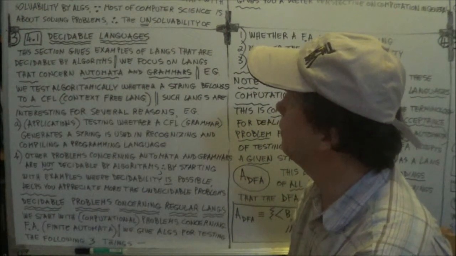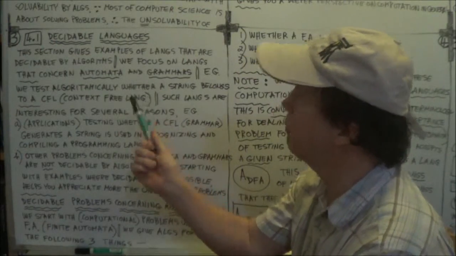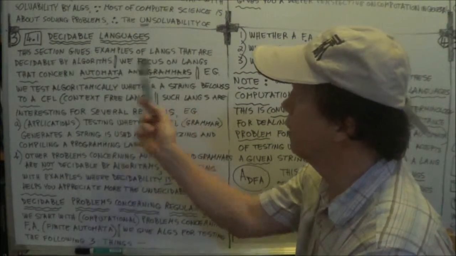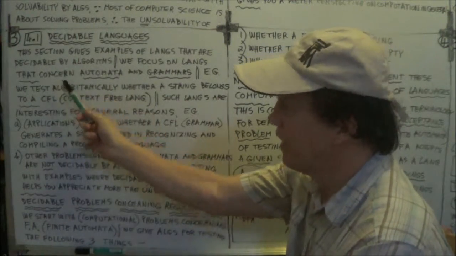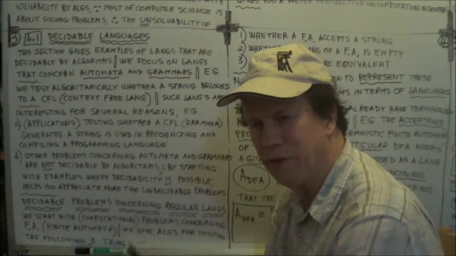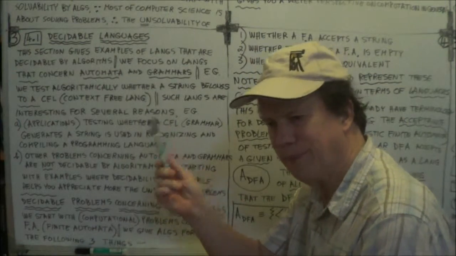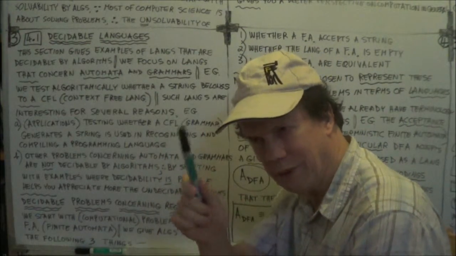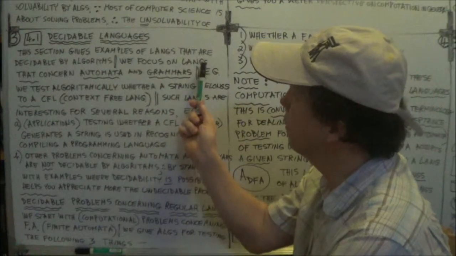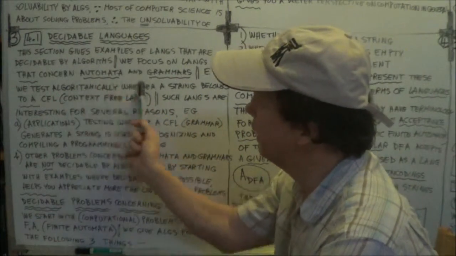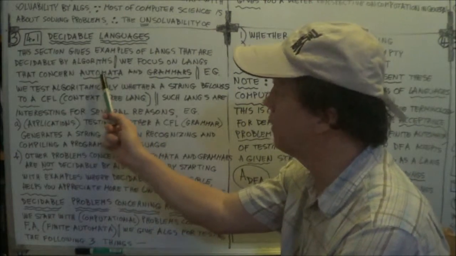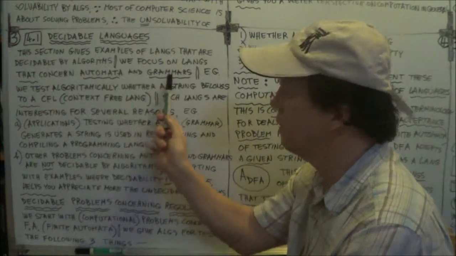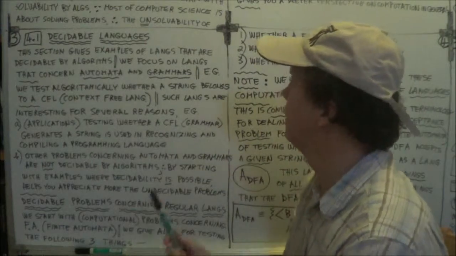All right. Now, for this chapter, we're going to concentrate on languages that are related, and I'm still being a bit vague, but you'll see what I mean as we go through it, example by example. We're going to concentrate on languages that are connected somehow with problems concerning automata and grammars.